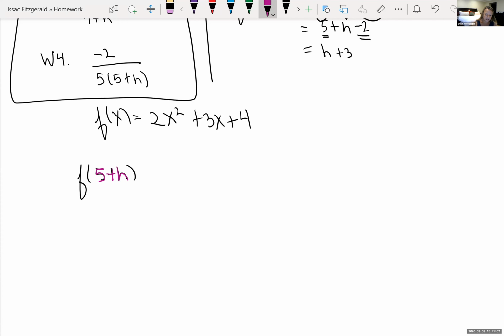What we're doing is wherever we see an x in this function, we're going to put parentheses where that x is. And that's what we're going to replace with this whole expression, 5 plus h.